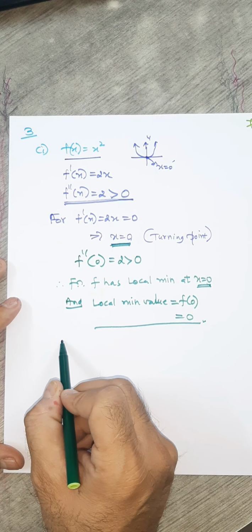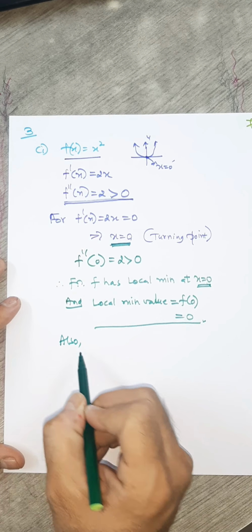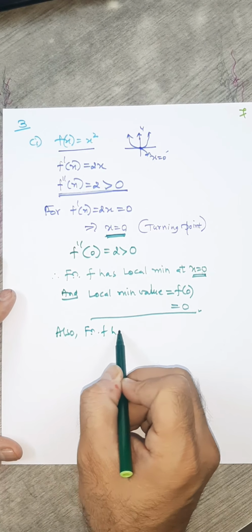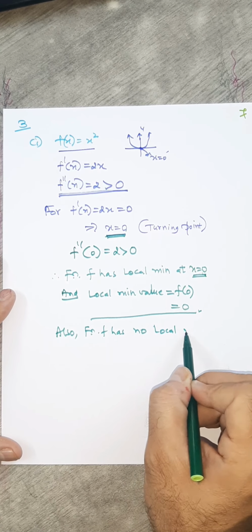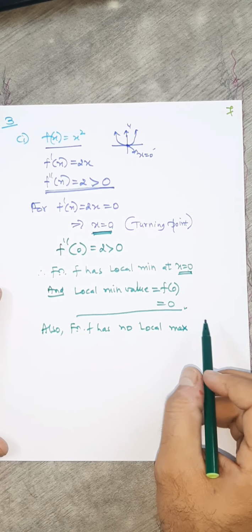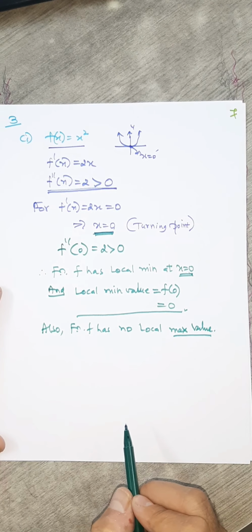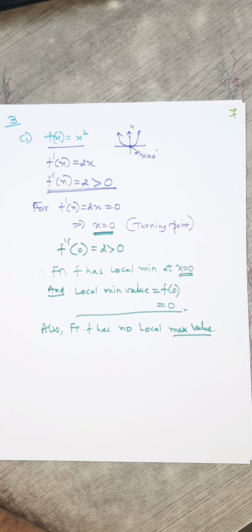So you can say that the function f has no local maximum value. Got it? Understood? I've used strictly that result, no concept, just that theorem only.